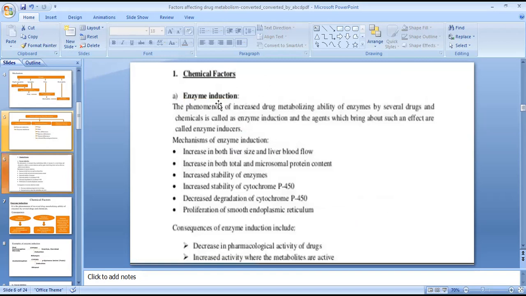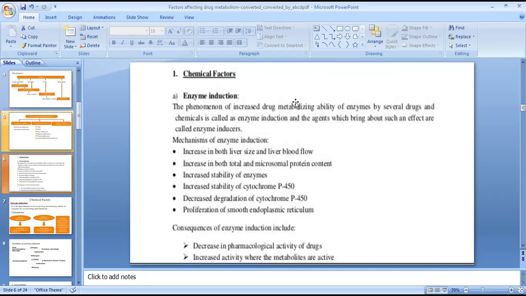Now we have already discussed that a chemical factor is divided into enzyme induction and enzyme inhibition. What is the enzyme induction process? It is a phenomenon of increased drug metabolizing ability of the enzyme by several drugs and chemicals, and the agents which bring about such an effect are called enzyme inducers.